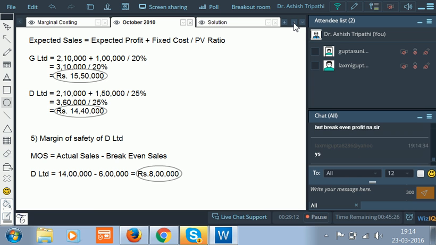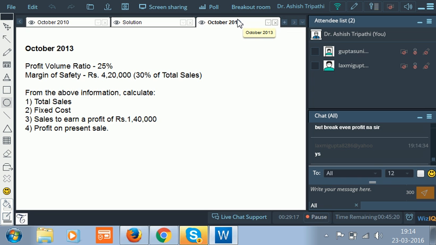So let us go for the next question of October 2013. So this is the question of October 2013. The question says profit volume ratio is 25%.